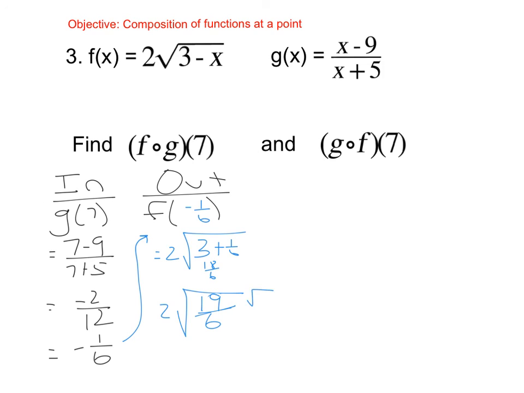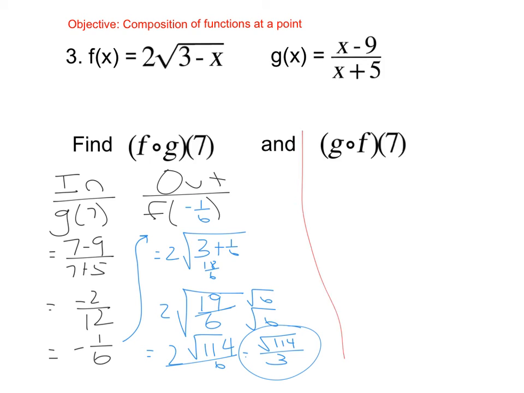Let's see, rationalize the denominator. 2, let's see, 19 times 6, 54, 114 all over 6. So I get the square root of 114 over 3 is my final answer. Well, that was gross. Oh well.